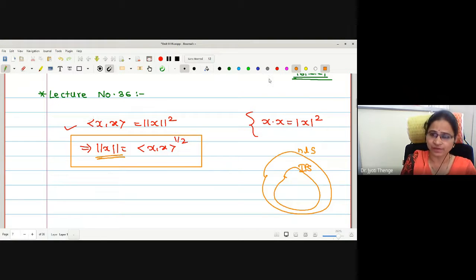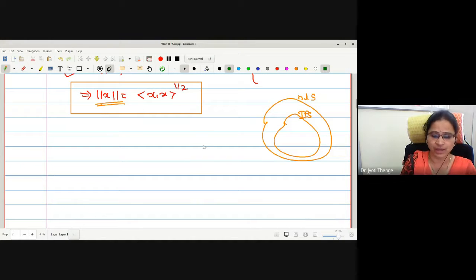To verify these properties, we need a famous inequality given by the mathematician Hermann Schwarz.